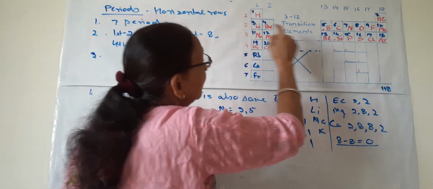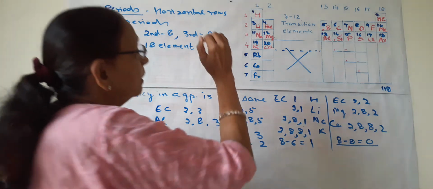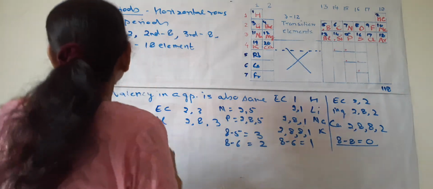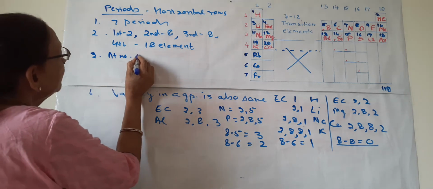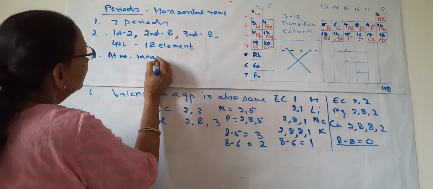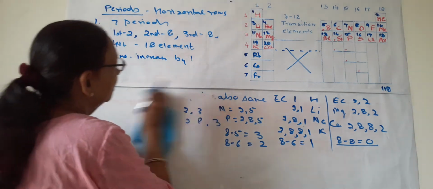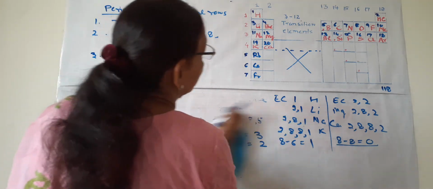But here, the atomic number increases only by 1. The atomic numbers are there in a consecutive manner. So the third point is that the atomic number increases only by 1.